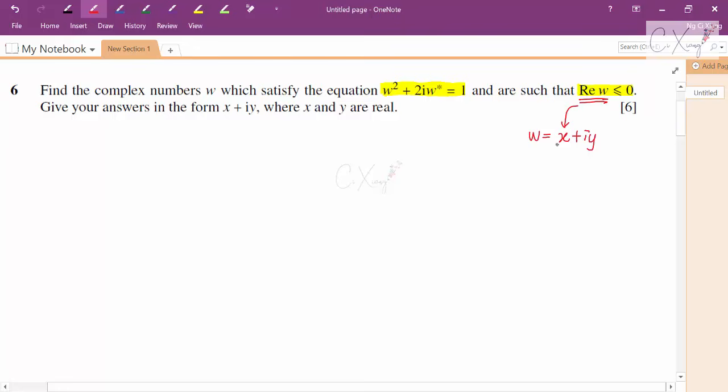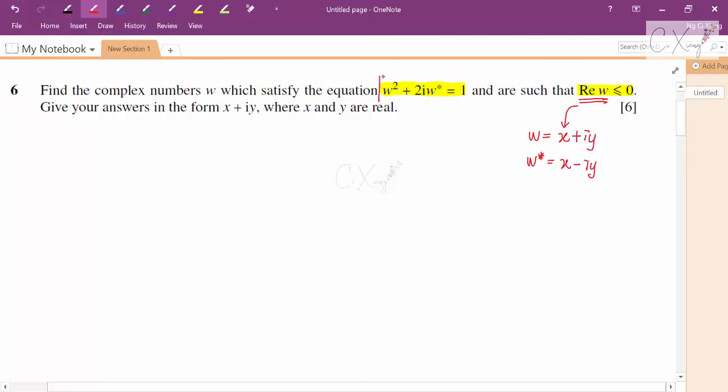We already know that W is x plus iy. Then in this equation, we have W star, or asterisk. W asterisk means that it is the conjugate of the complex number W, which should be x minus iy.